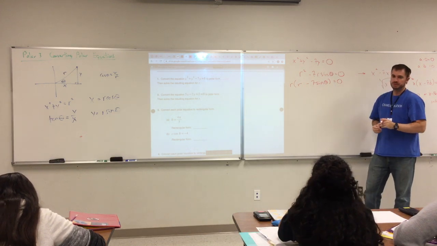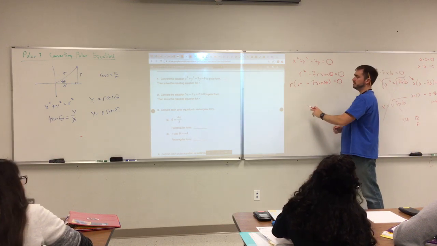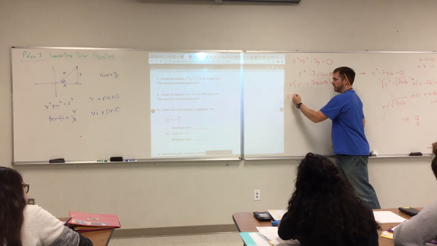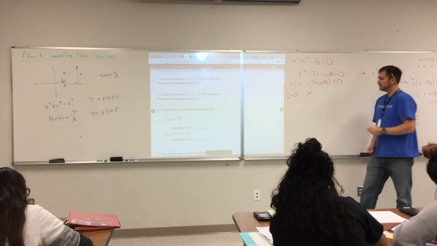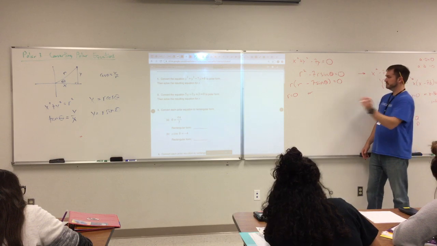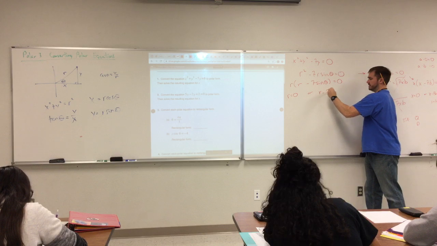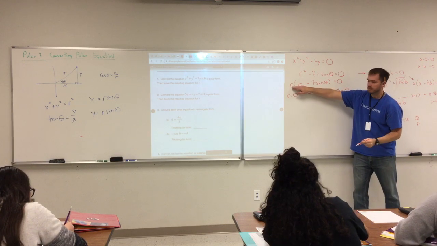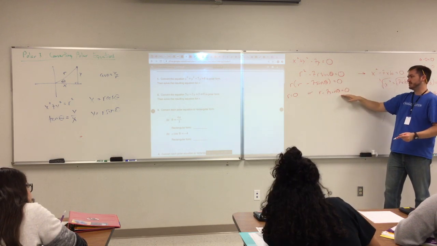What can we conclude? That's right, one of them is 0. Or both of them. So either r equals 0, or r minus 7 sine theta is 0. The r equals 0 comes from this part right here.